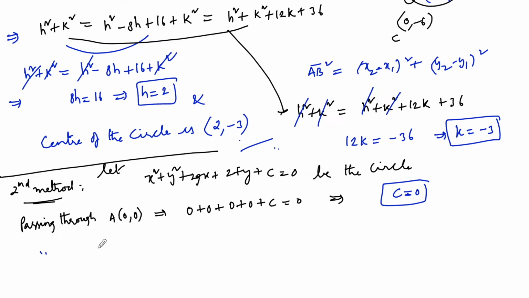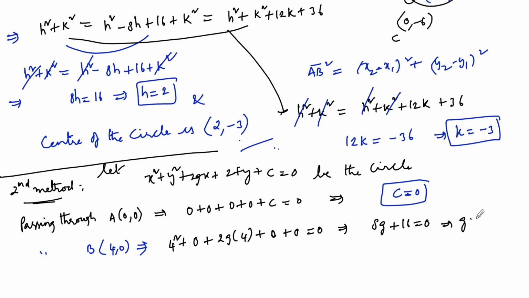And passing through the point B (4, 0), so we'll have 4 square plus 0 plus 2 into g into 4 plus again 0 plus c value is 0, which is equal to 0, which implies that 8g plus 16 is equal to 0, so which implies g is equal to minus 2.